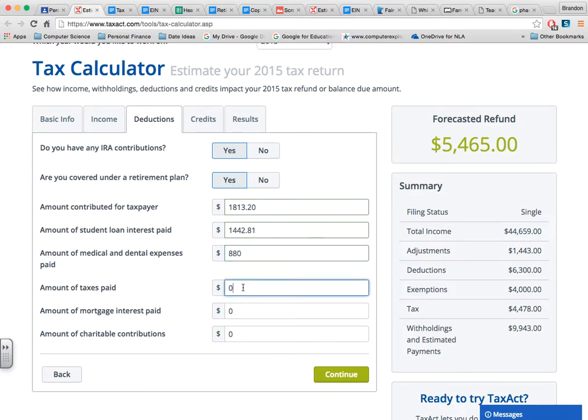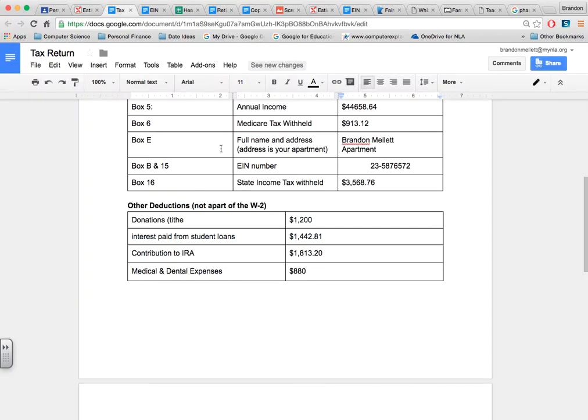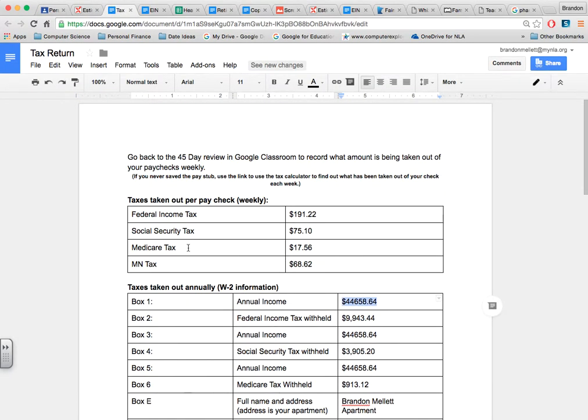Amount of taxes paid. For that one, we're going to add up our Social Security, our Medicare, and our state tax. When we add all those three together, we get an amount of $8,387.08. Again, what we just added up right here is Social Security, Medicare, and Minnesota.